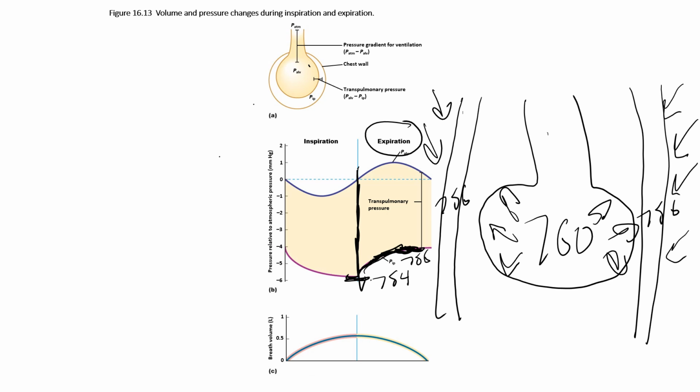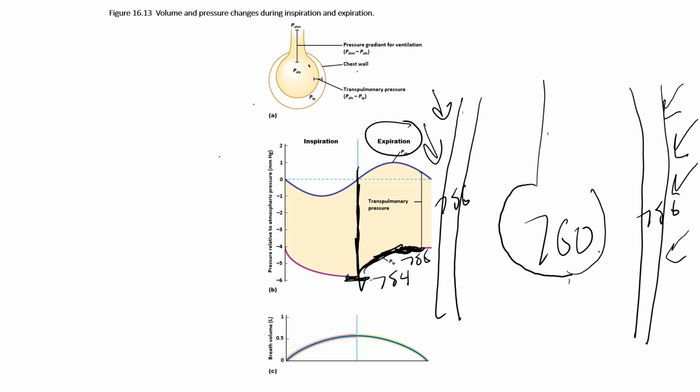So what happens? The elasticity of the lungs is able to take back over, and the elasticity of the lungs becomes more powerful than the transpulmonary pressure is. And if the elasticity takes back over, then the alveoli begin to shrink.